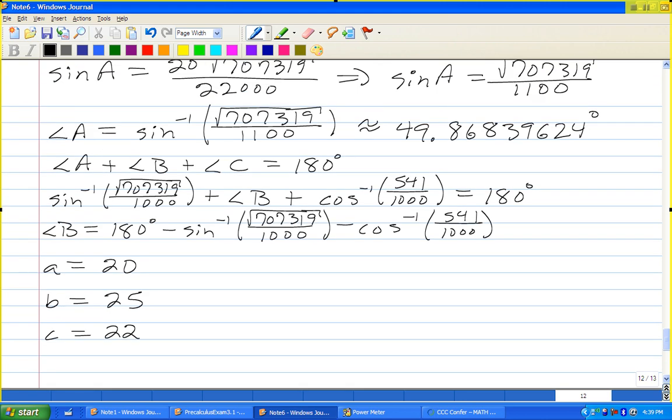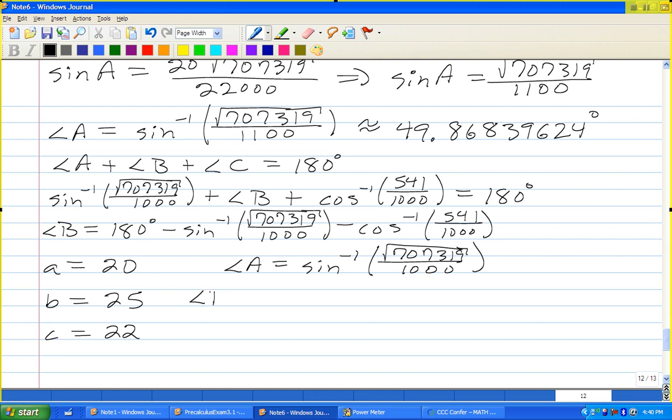A is inverse sine radical 707,319 over 1,000.